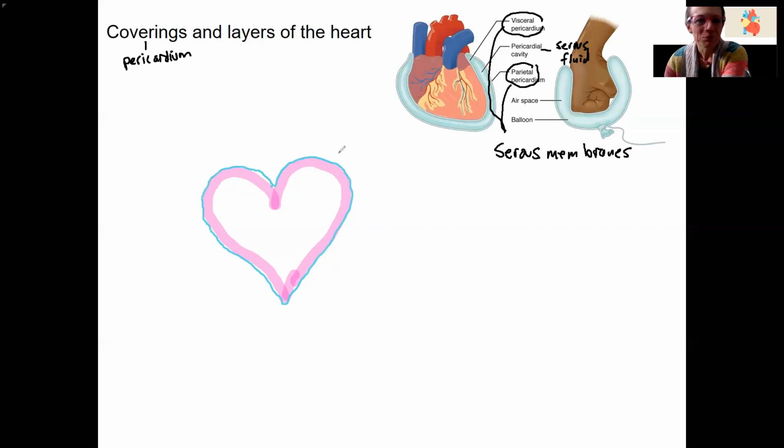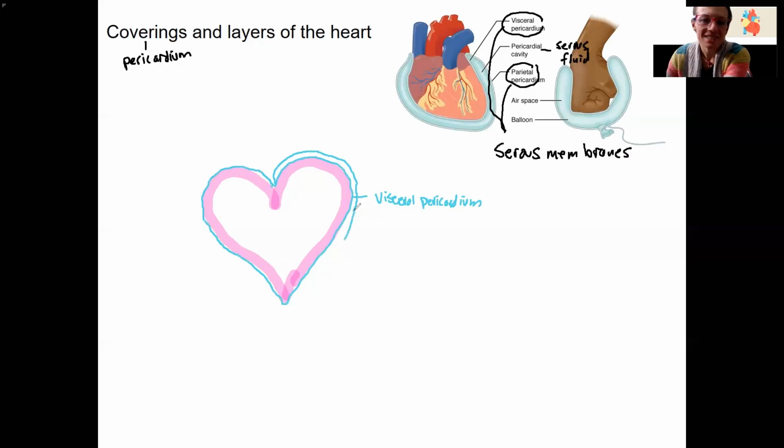I should back up actually. What is this pink heart tissue that I've drawn? I'm going to label this before I change my color. Visceral pericardium. I'm going to draw my outer layer too while I still have this color.